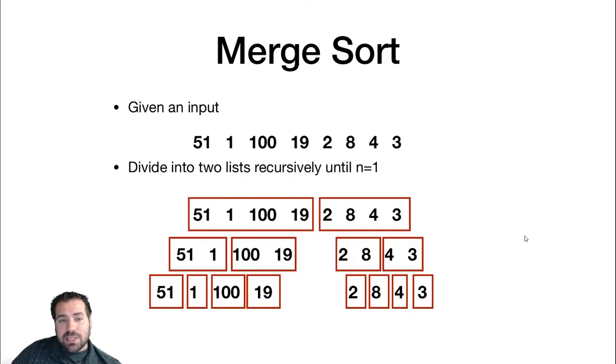Before we get into the code, let's see an example of what we even mean by this algorithm. We're going to take this input, which is conveniently a size that's a power of 2, so it looks all nice and pretty on a slide. I'm going to take this input of size 8 and call merge sort on it. When we call merge sort, the input size is greater than 1, so we split it into two lists and recursively call merge sort on each list, calling the same exact algorithm on both halves.